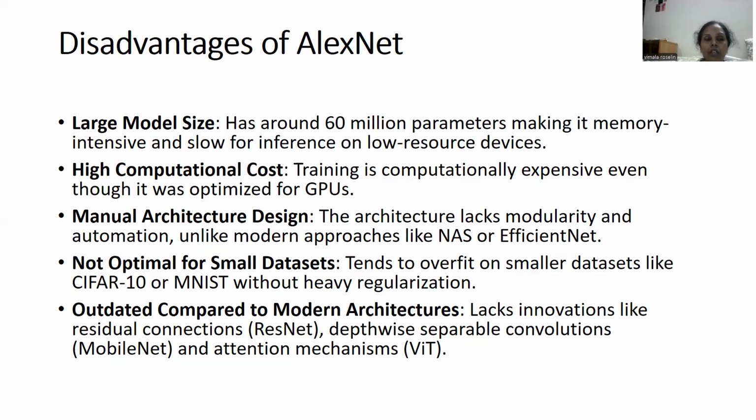Next, it is not optimal for small datasets like CIFAR-10 or MNIST; it is meant for big ones. Then it is outdated compared to modern architectures, lacking innovations like residual connections, depthwise separable convolutions, MobileNet, and attention in ViT. So these are the disadvantages.